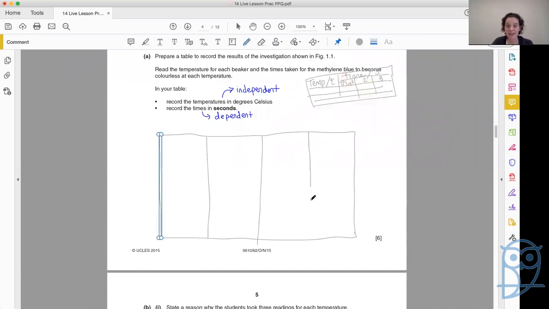Your tables will be a lot neater than this. Okay, we know we want the top, and then we will realize that we were a bit silly because these 3 don't go all the way to the top. Because remember, we wanted to have that space to write time across the top because all of them are measurements of time. Okay, then we need our 3 different temperatures.